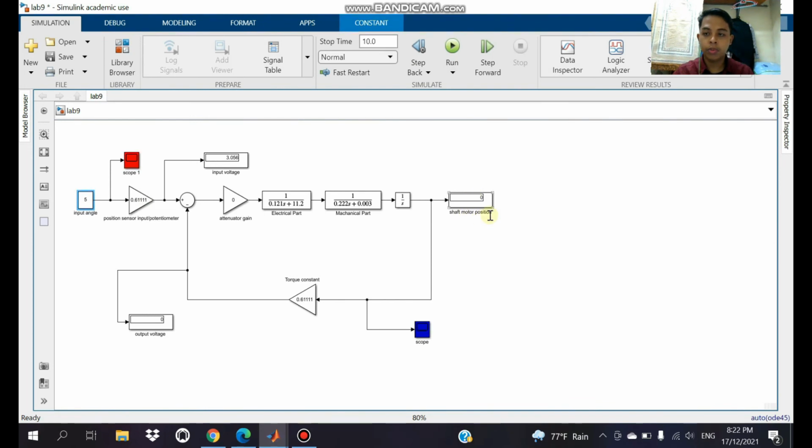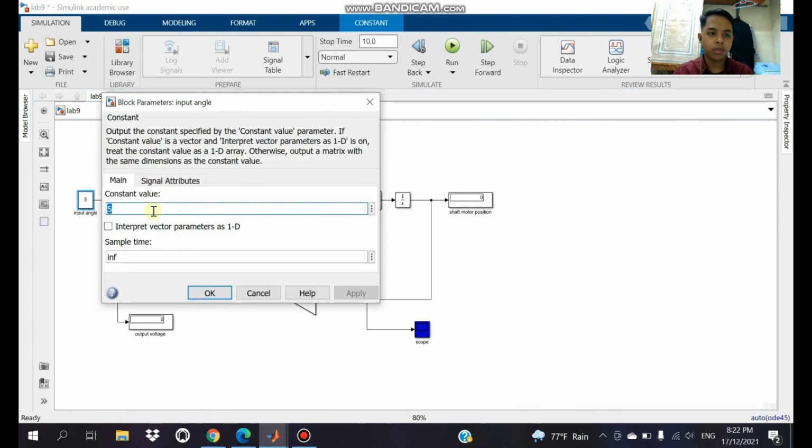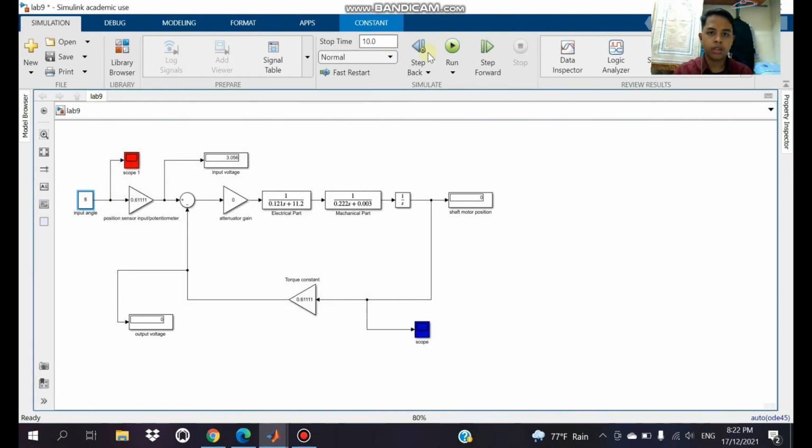The shaft motor position is 0. Then I switch from 0 until 10 and I go to 8 and get the shaft motor position is 0.